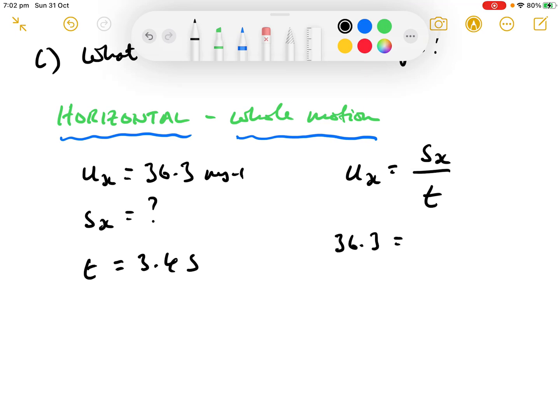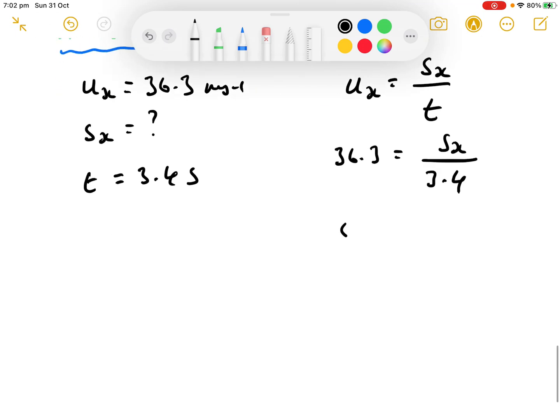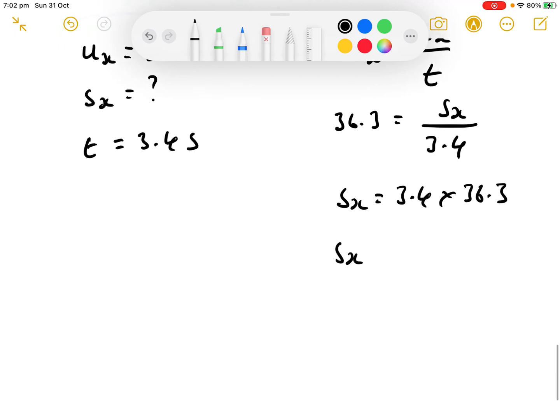So 36.3 equals sx over 3.4. 3.4 times 36.3, and I get 123 meters for this particular shot. So that's the horizontal range.